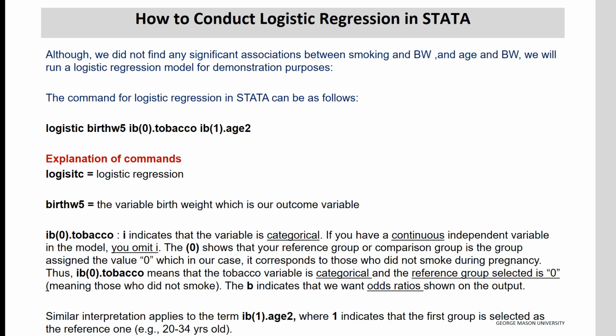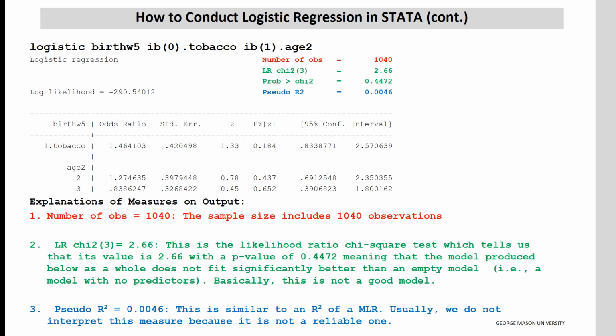Now for age, the reference group is the group that is assigned the value of 1, and that is the group of women between the ages of 20 and 34. So once we have the command line ready to go, we run the analysis.